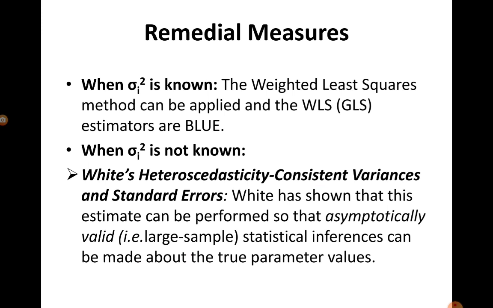Mostly these days we run regressions using statistical packages of various sorts. Most of these statistical packages have an option where you can have the White's heteroscedasticity consistent variances calculated. It's called the White's process. You just have to tick the box which says White's process, and then you will get these heteroscedasticity consistent variances in the final output.